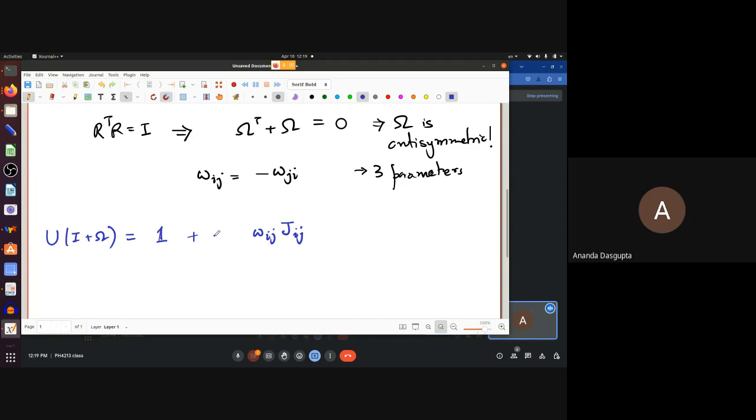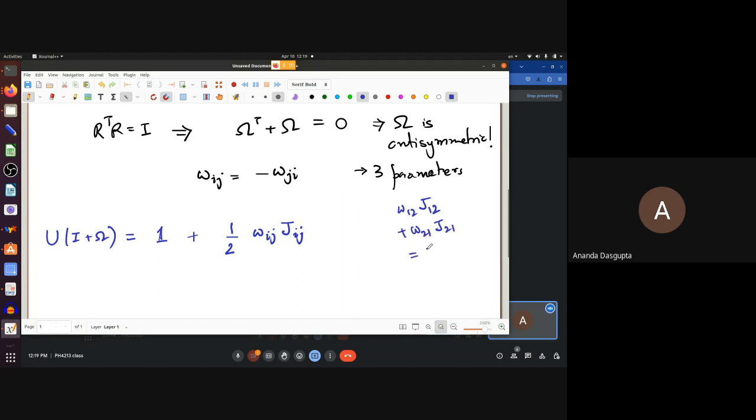Now, two things. One is we throw in a half here. The half simply because, first of all, what is important to realize is omega 1 2 J12 is there. Similarly, omega 2 1 J21 is also there, right? You have terms like omega 1 2 J12 in this sum. You also have omega 2 1 J21.